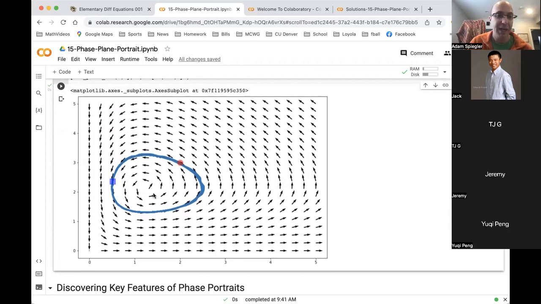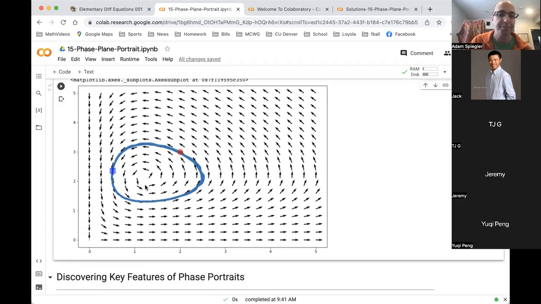This is roughly at 1, 2, but there could be other equilibria in other places in the phase plane, and we might be missing them here. So we want to talk about how we can do some analysis to identify where these interesting points might be and how we might understand the dynamics, just having an outline of this phase plane without having all of the arrows filled in for us.